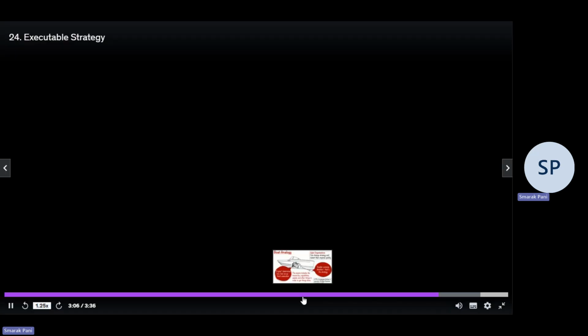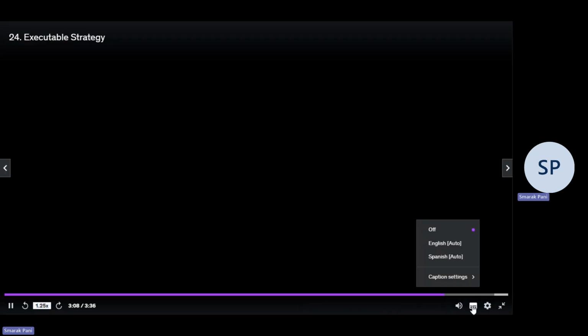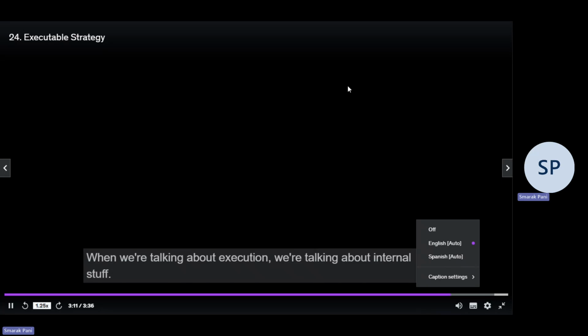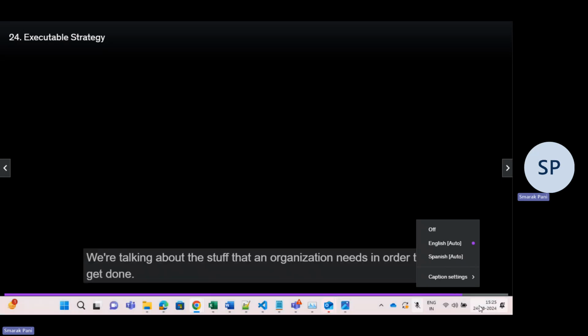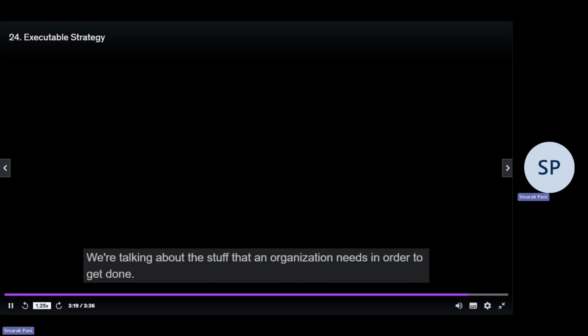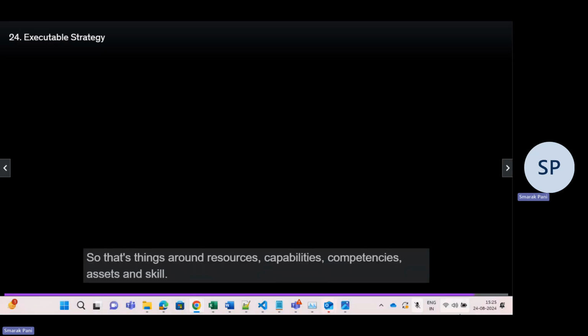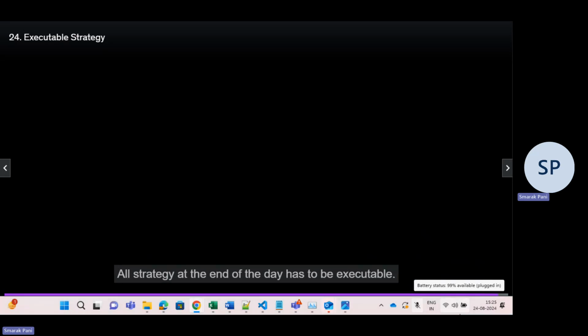These are all things around what is happening or what is needed in the marketplace. When we're talking about execution, we're talking about internal stuff. We're talking about the stuff that an organization needs in order to get things done. So that's things around resources, capabilities, competencies, assets, and skills. All strategy at the end of the day has to be executable.